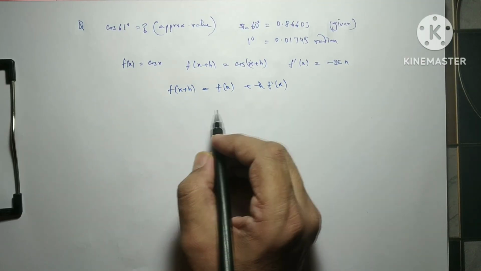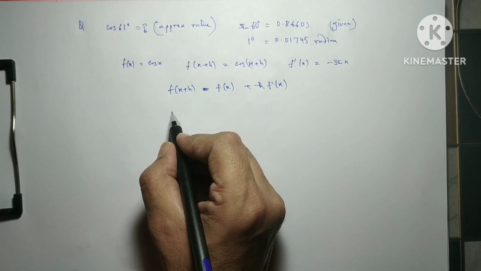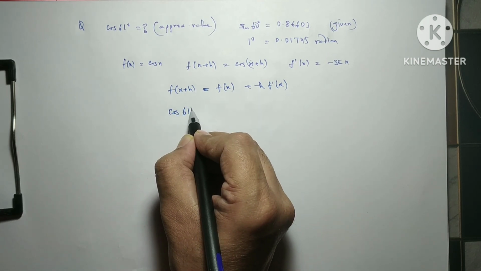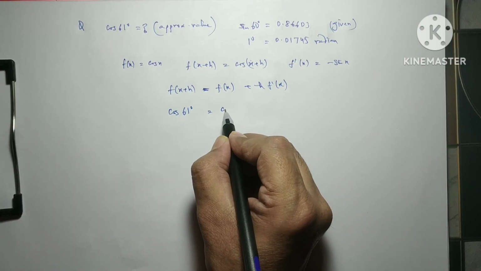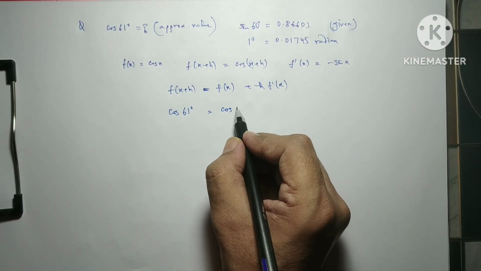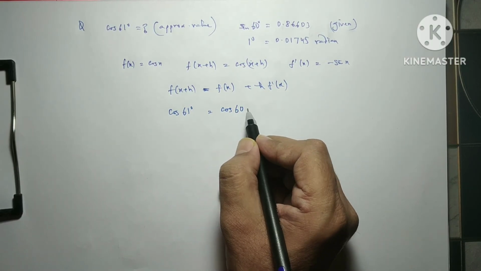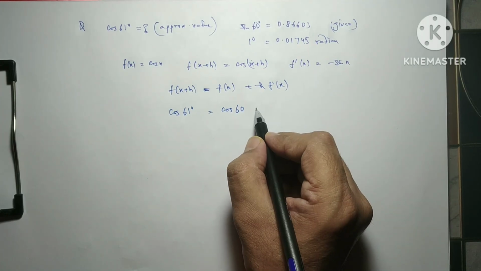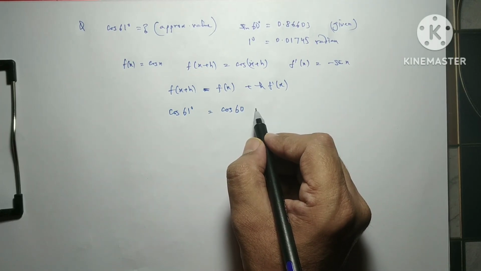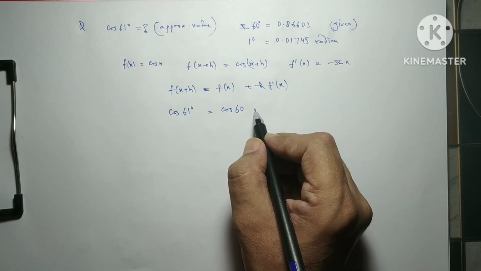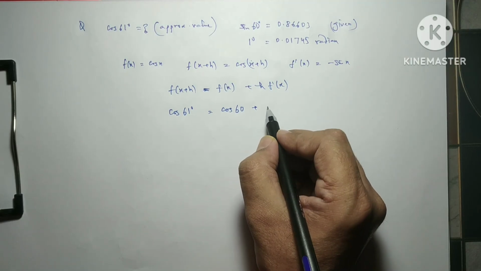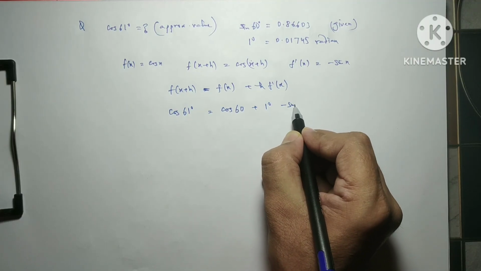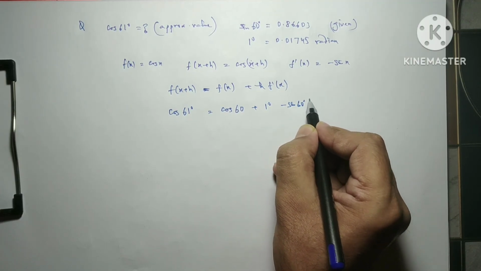So put all these values in this expression, we get cos 61 degree ≈ cos 60 degree + (1 degree) × (−sin 60 degree).